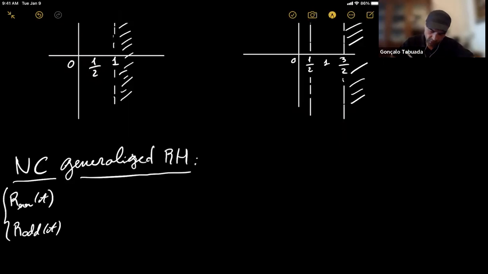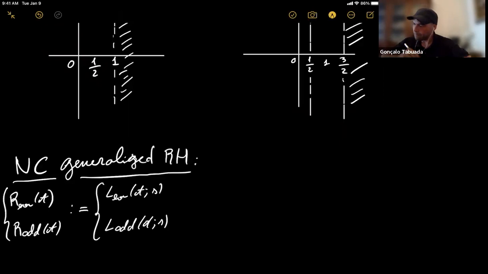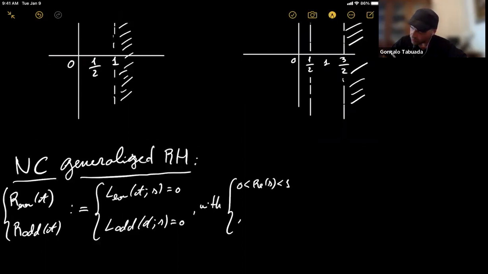What does this stand for? Well, this simply means that for this even L function or this odd L function, whenever I have a zero in this critical stripe, or in this critical stripe here, then this is going to imply that the zero is actually in this line or in this line.